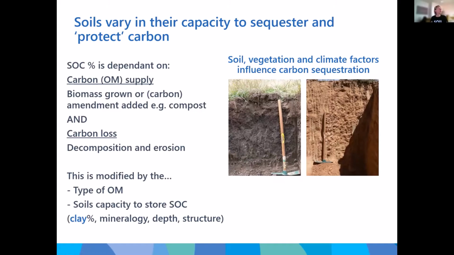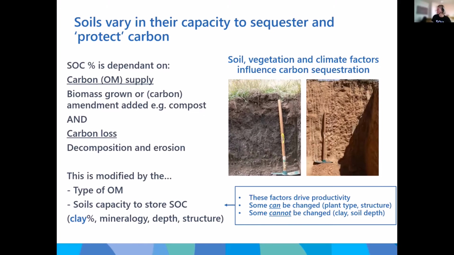So organic matter that's high in nitrogen, so our leguminous organic matter that goes into the soil, is tastier than more of our carbon high organic matter, such as wheat stubble, for example. And that's going to influence the rate of decomposition. It's also going to be influenced by the soil's capacity to store organic carbon. So the amount of clay, the type of clay, the depth of soil, and the structure of soil.